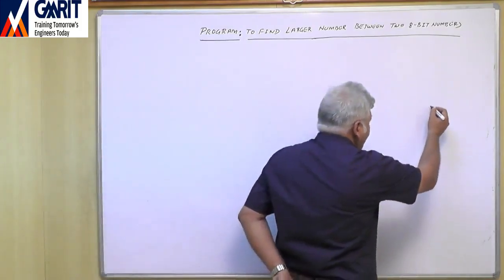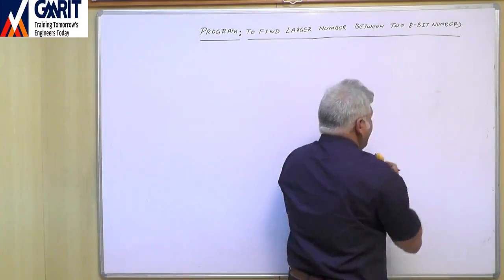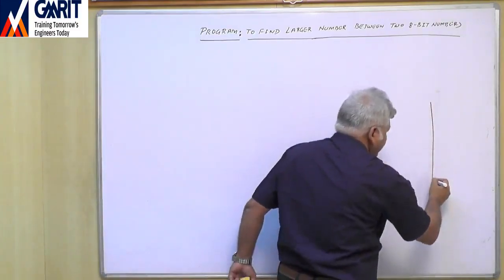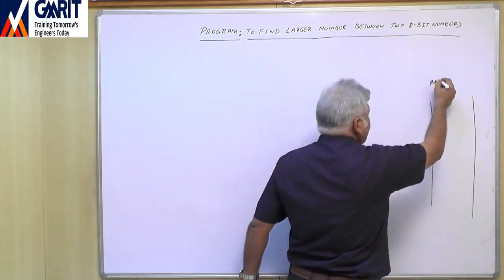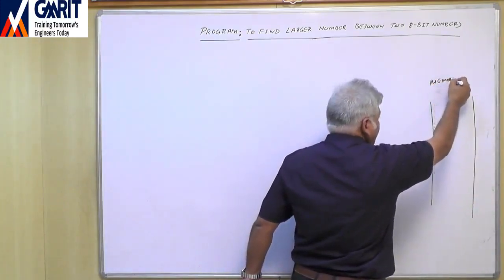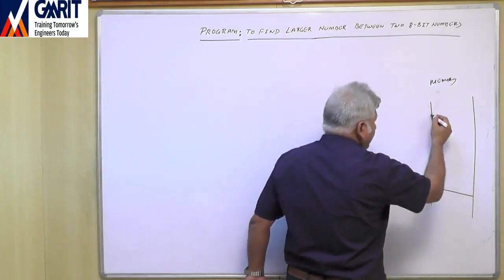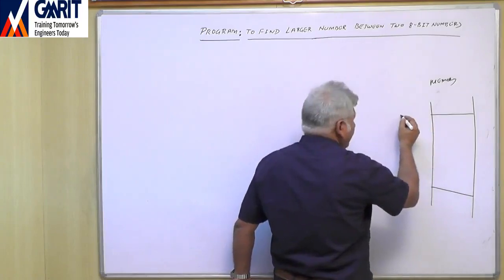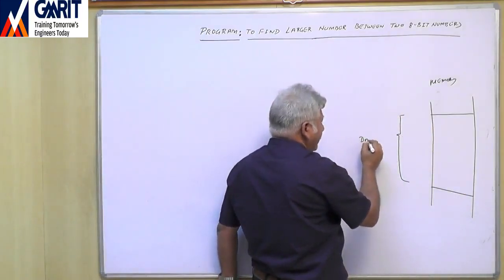So for this, let us assume this is our memory area. This is our memory. In this memory, this section belongs to our data segment.